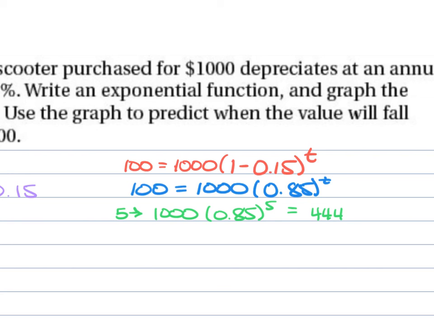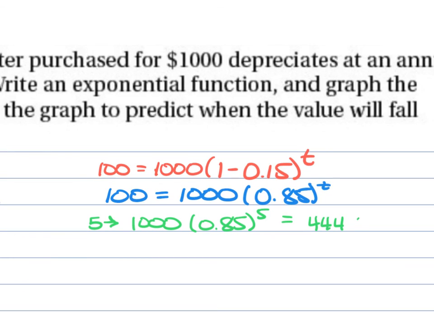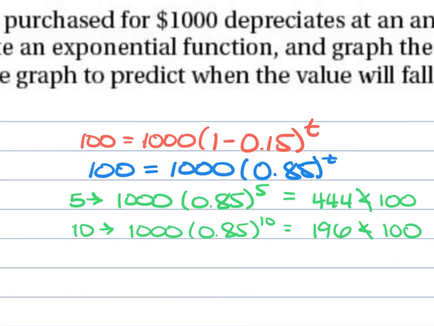That is not less than 100. So then try 10. 1,000 times 0.85 to the 10th power is going to give us 196. 196 is not less than 100, so that one doesn't work.